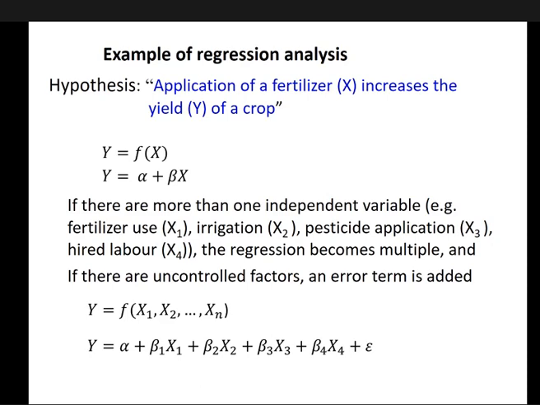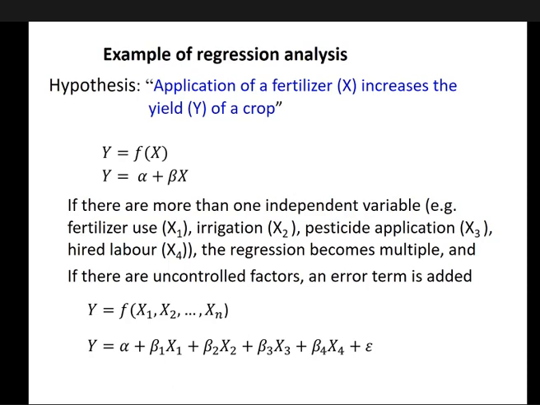If you increase the amount of fertilizer X, the yield will change by the coefficient beta. And if you plot a curve, the alpha becomes the intercept and the beta becomes the slope. Here beta has a positive sign, so it will be an upward sloping curve.